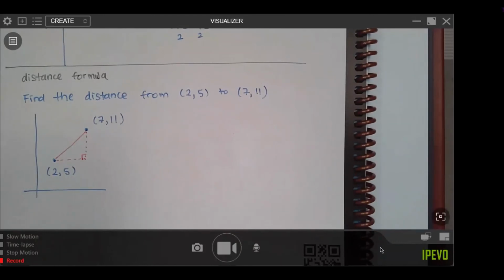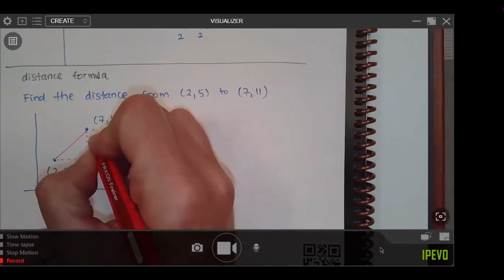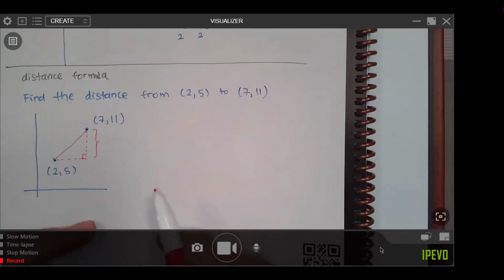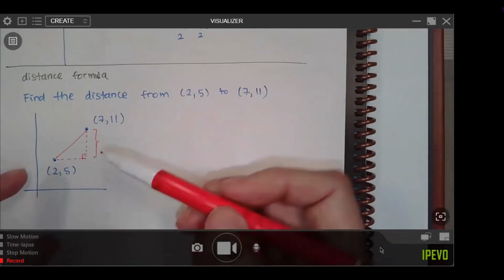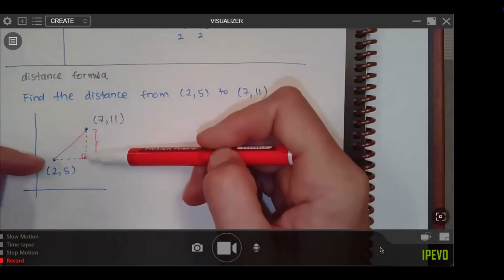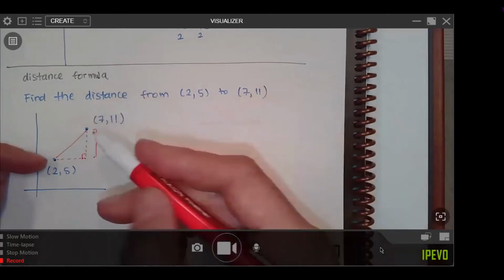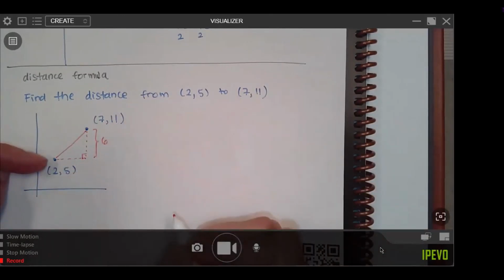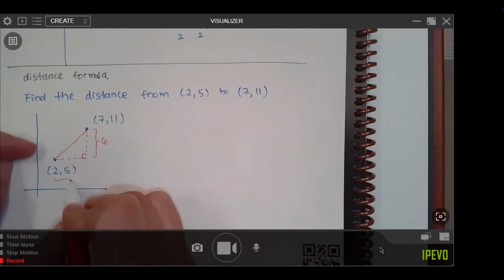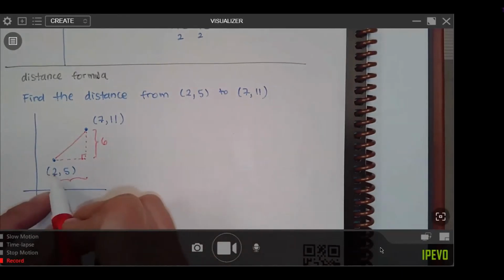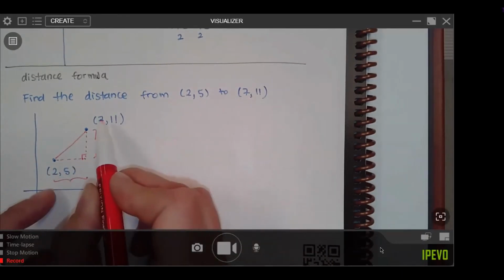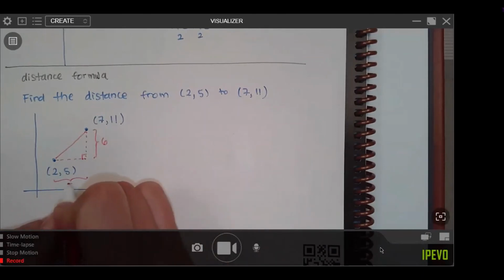Then I can think about what this side of that right triangle looks like. Well, I started at a height of 5 and I ended up at a height of 11, which means this side is a 6. And do the same in the X direction: I started at an X value of 2, I ended up at an X value of 7. So that's a change of 5.